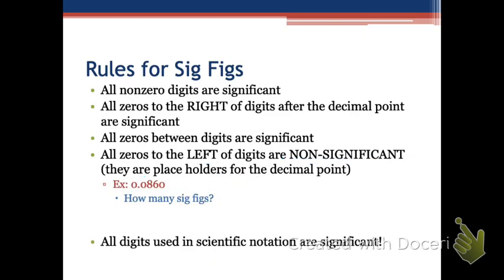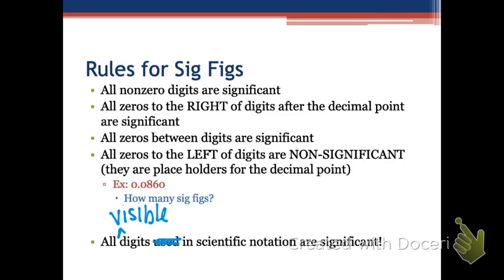Last one here. All digits used, and I want you to really see, it should really read all visible digits. I'll rewrite that: all visible digits in scientific notation are significant.